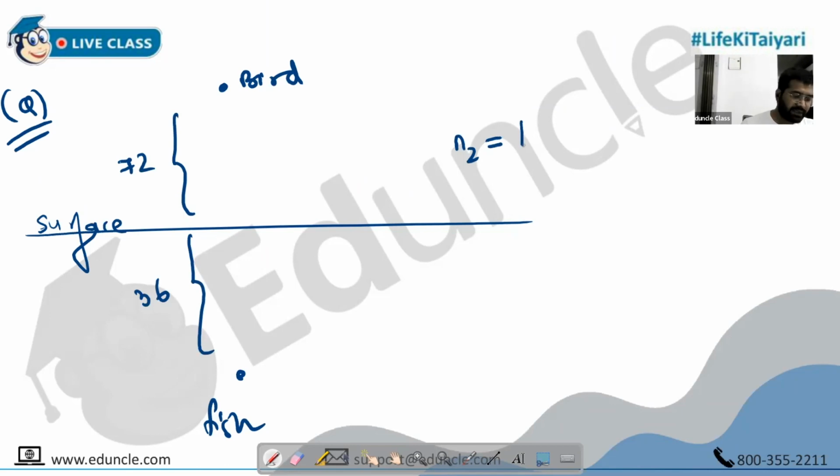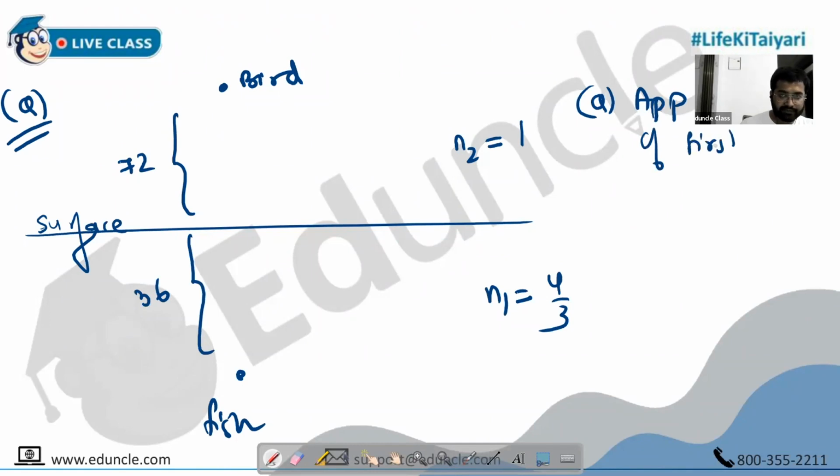N2 is 1. N1 is 4/3, which obviously you know. And we want to find the apparent distance of fish from surface as observed by bird.